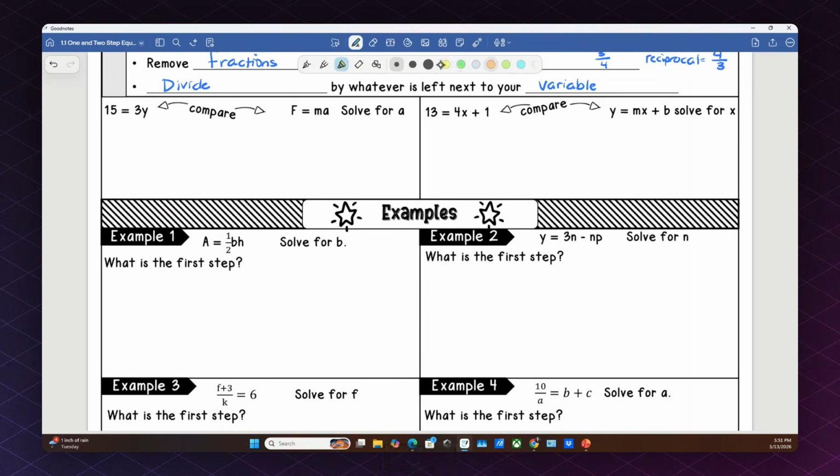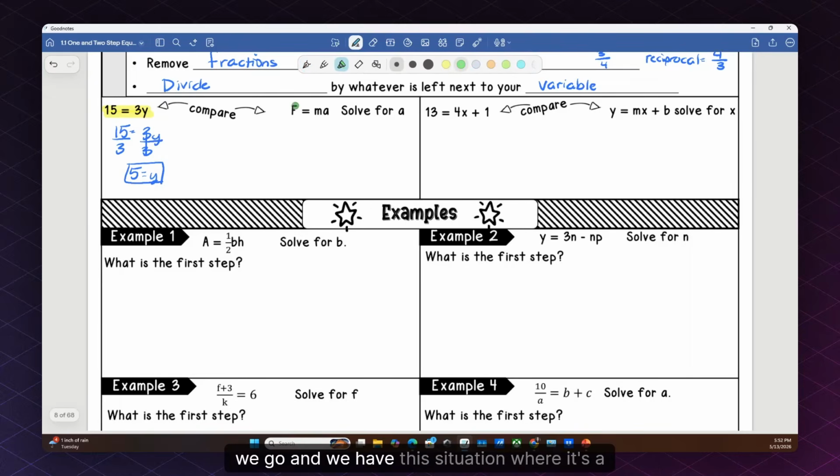This 15 equals 3y is a simple equation to solve. We can divide by 3 on both sides, and we get y is 5. So that's easy peasy, right? But what if we have a literal equation, where there are no numbers in it?